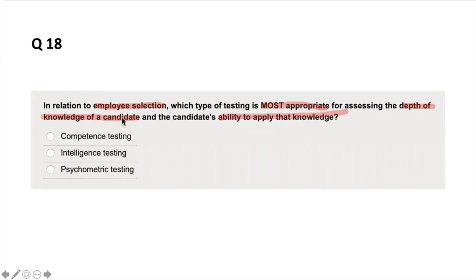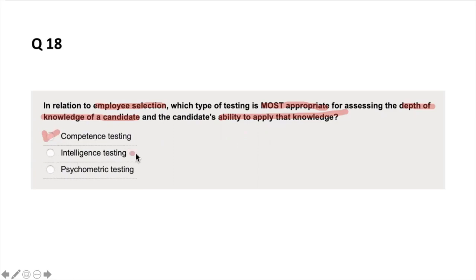Now, knowledge of a candidate and ability to apply has to do with competence. So you need to have the word competence in your mind, and this is probably the best answer, but let's explain why the others are not.